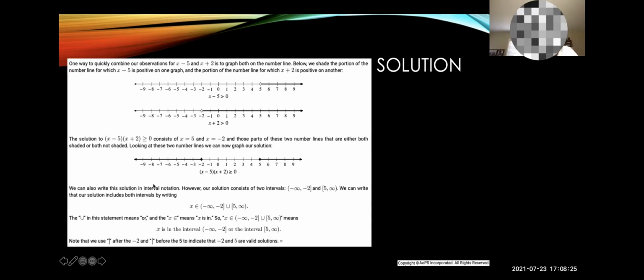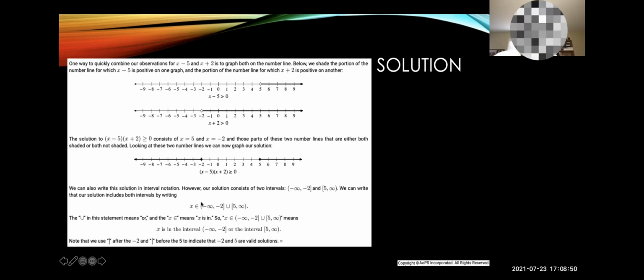And now there's some notation you also need to learn. This is called interval notation. Since we have two different answers, what we do is we write -infinity, -2. That's the range for our solutions. And then we put a bracket whenever we include that number, and we put a parenthesis whenever we don't. So if this was an open circle, for example, like this, then it would be a parenthesis.